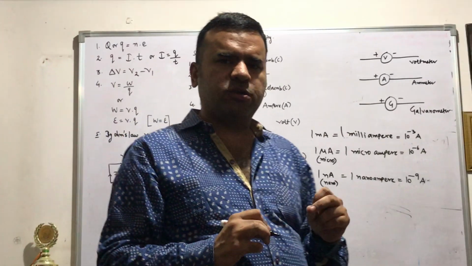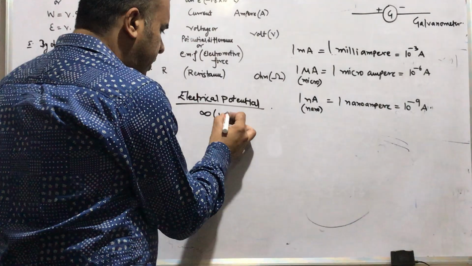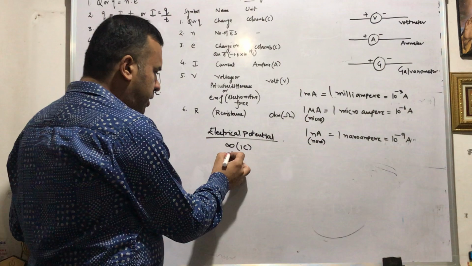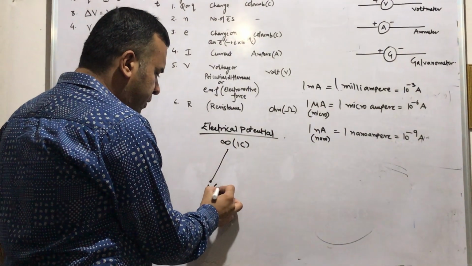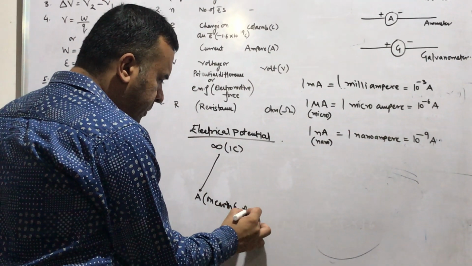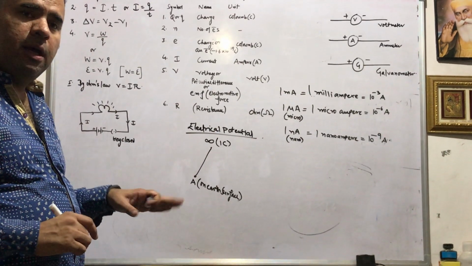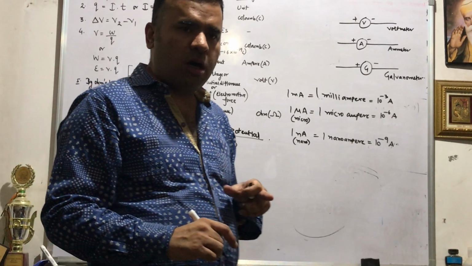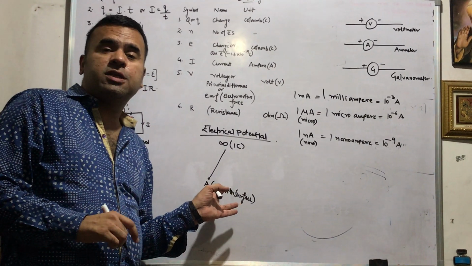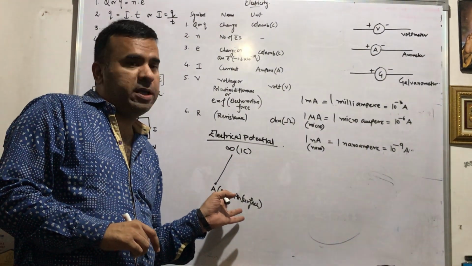Suppose you have a unit positive charge, means a charge of 1 coulomb, and that charge is placed at infinity at this point, and you have to bring that charge from infinity to a particular point A, which is there on Earth's surface. You have to do some work, right? So that work done in bringing a unit positive charge from infinity to a particular point on Earth's surface is called electric potential.